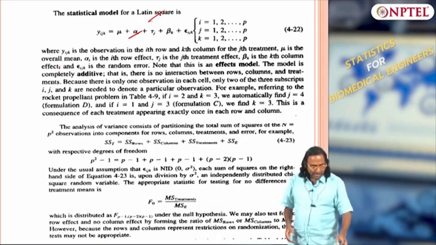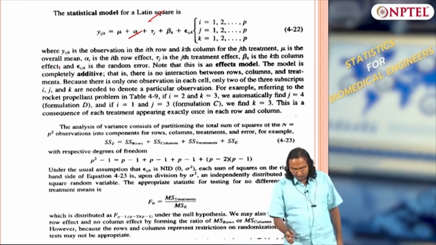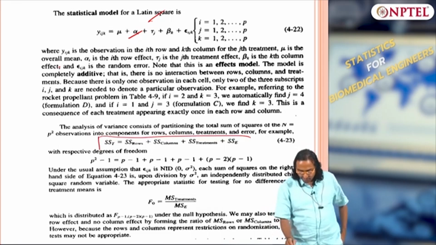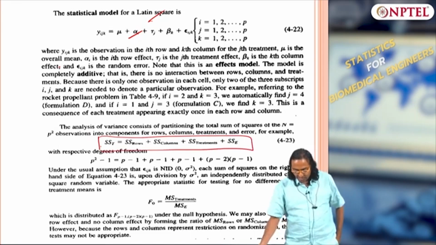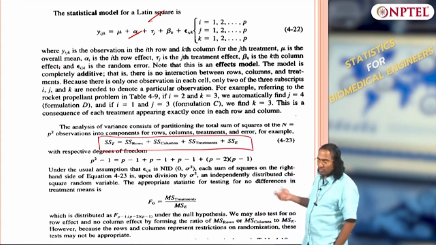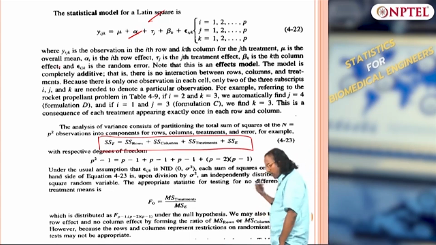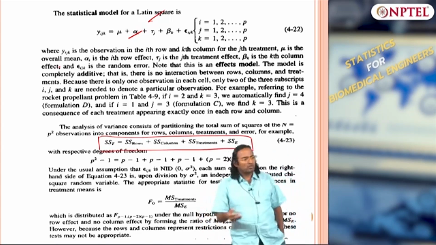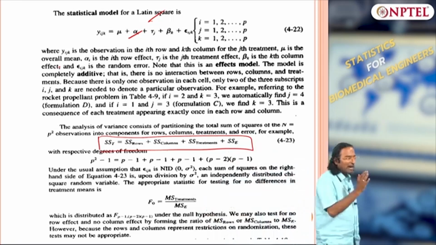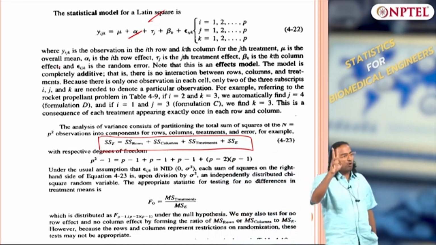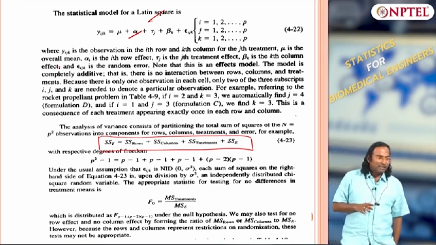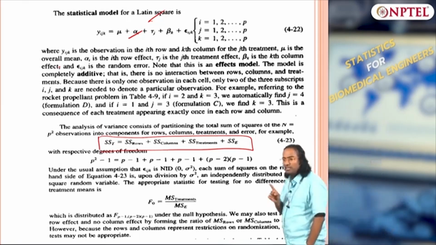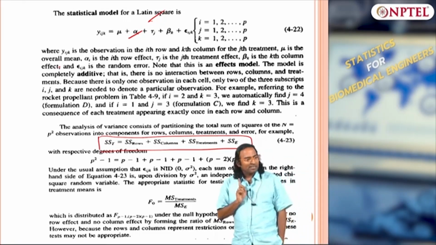Here again, as you would expect, the total sum of squares is divided into rows, columns, treatments and error. Rows and columns are blocks, or you can consider them as other variables. So you have 4 divisions. The idea behind this division is that there are no interactions, keep that in mind.